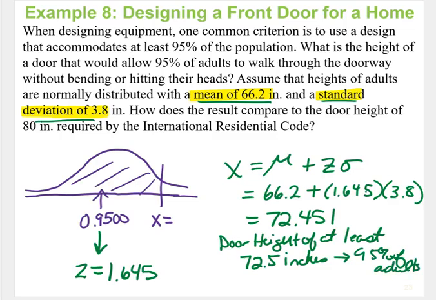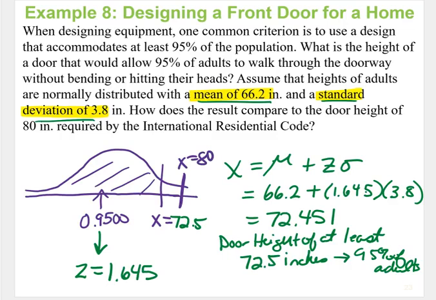All right, now the second part of the question says, how does this result compare to the door height of 80 inches required by the International Residential Code for building? So notice, the height that we have now is 72.5. Well, the height that is required is 80 inches. So 80 inches would be here.